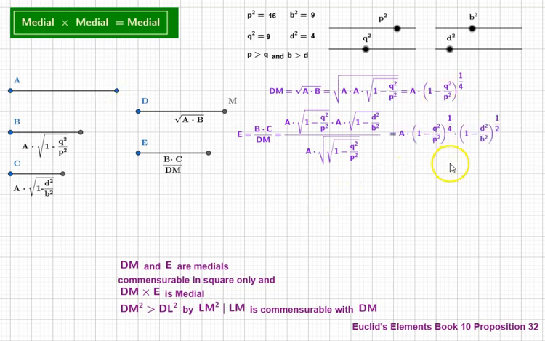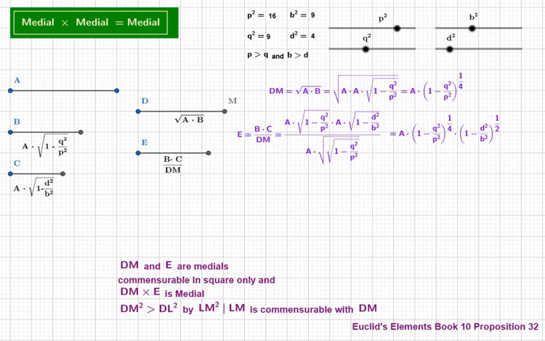This can be simplified: one of the A's will cancel out. We are left with A times 1 minus Q square by P square to the power of 1 by 2 in the numerator, and to the power of 1 by 4 in the denominator. So 1 by 2 minus 1 by 4 is 1 by 4, times 1 minus D square by B square to the power of 1 by 2.